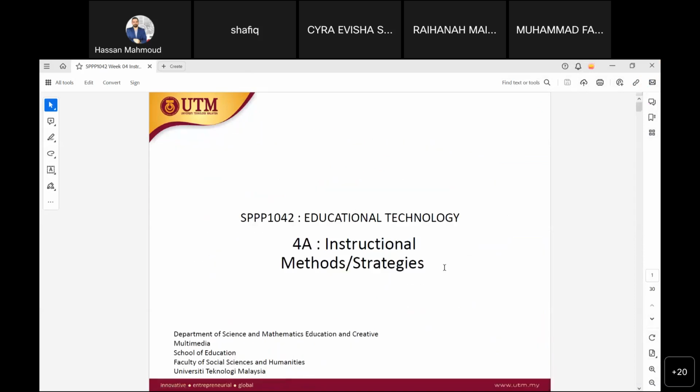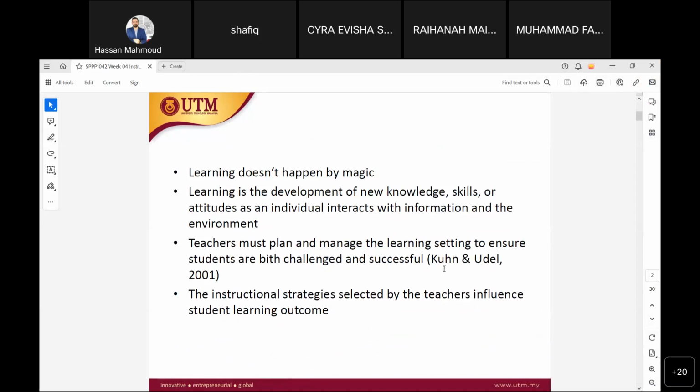So instructional methods give us the way to understand people and then to understand the best way to teach them. Okay, so learning doesn't happen by magic. It is a skill that you need to have to be able to teach, right?